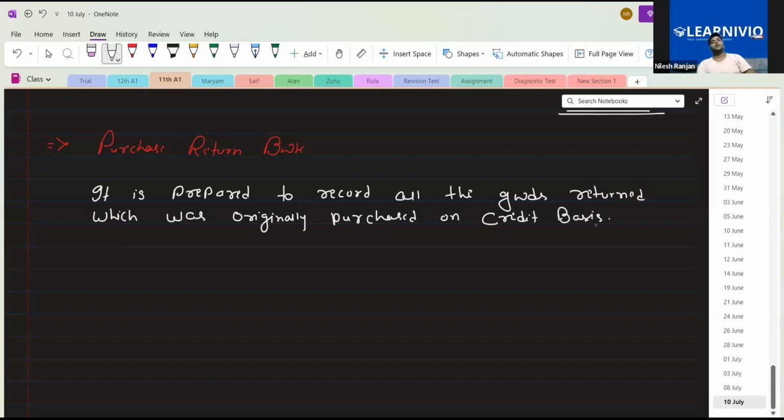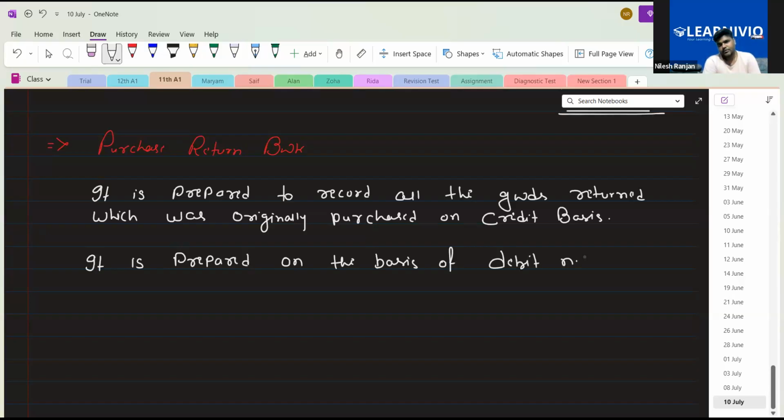It is called purchase return book. It is prepared on the basis of debit note prepared by the buyer or purchaser, or the credit note issued by seller.